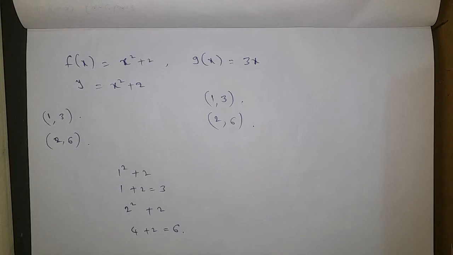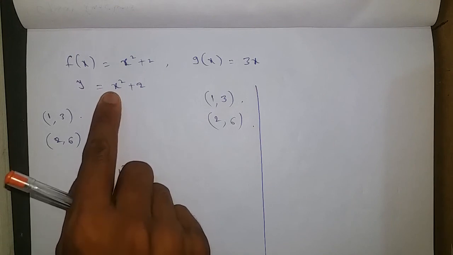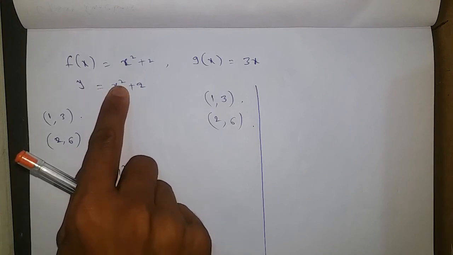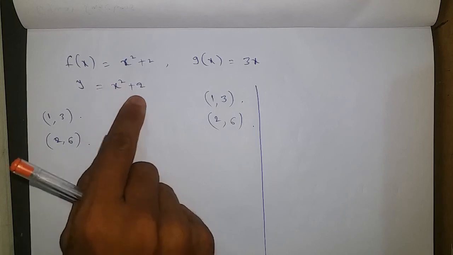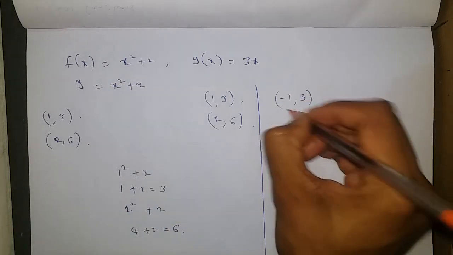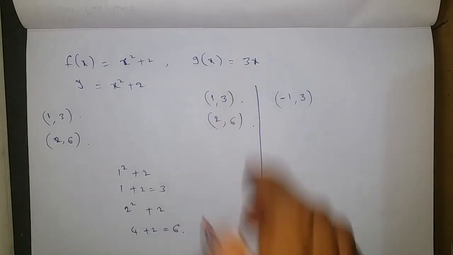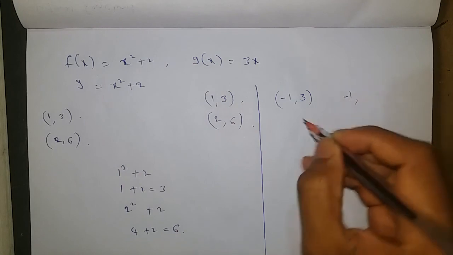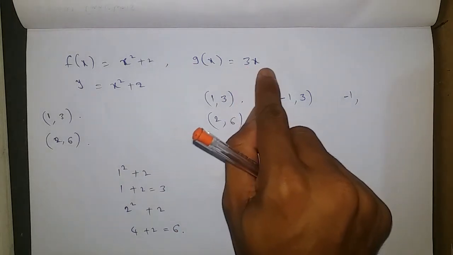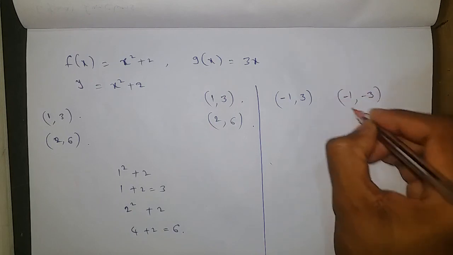Then what about the negative number? Let us check that negative number also then. In the place of x, I am substituting minus 1. Minus 1 square plus 2: 1 plus 2 is 3. If I substitute minus 1, I get plus 3. The same minus 1 I will substitute here also. 3 into minus 1 is minus 3.